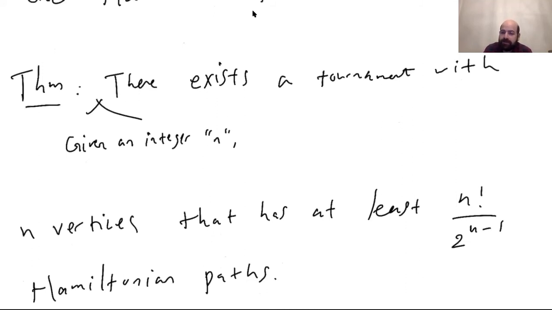So if I show that the probability that at least this many Hamiltonian paths exist is positive in a randomly oriented complete graph, which means a random tournament, then it will prove what I need.